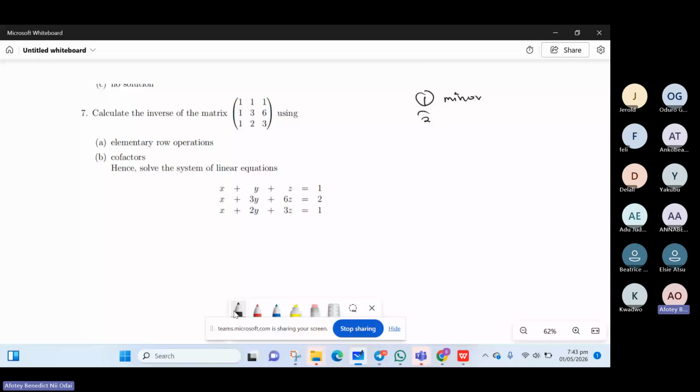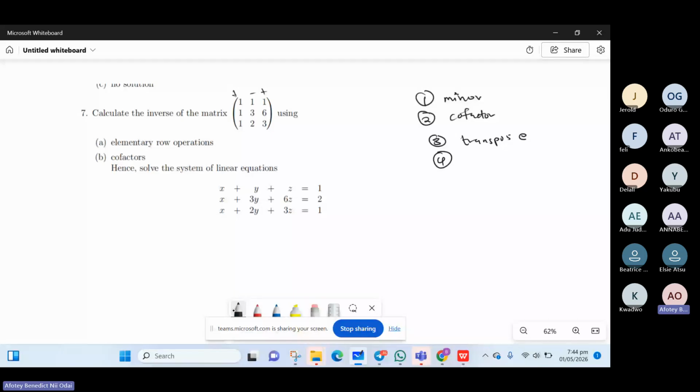So this is the first step. For the second step, we have a matrix of cofactors. After you get the minors, you get the cofactors by applying the plus and minus signs, right? Then you find your transpose. With the transpose, your row becomes your column and your column becomes your row.